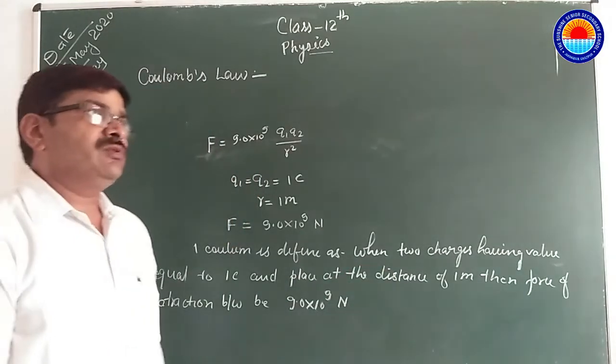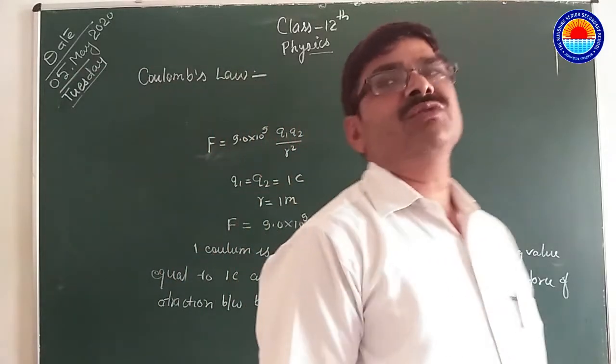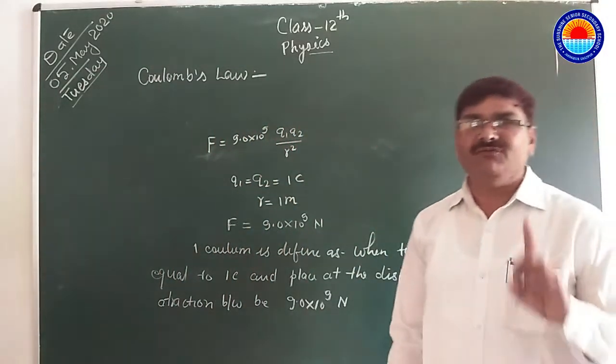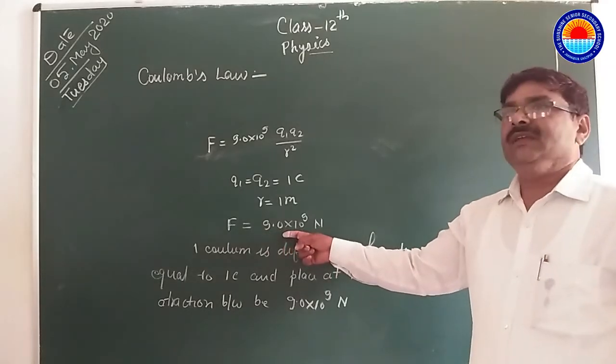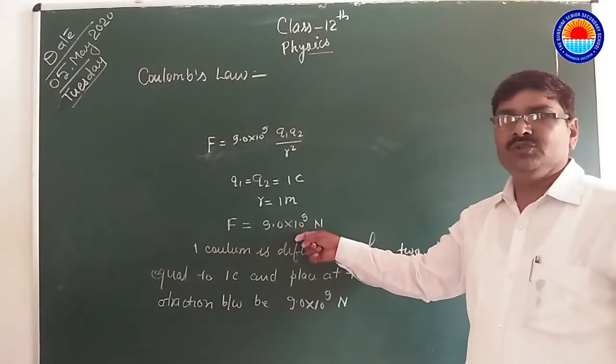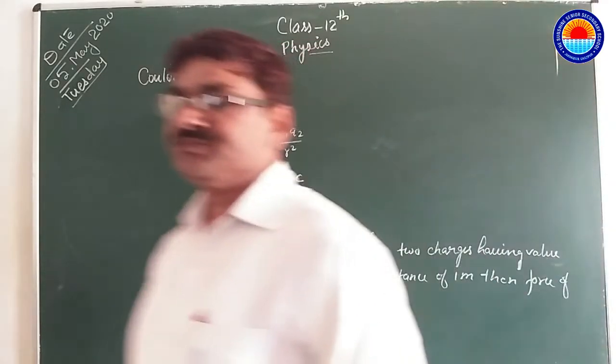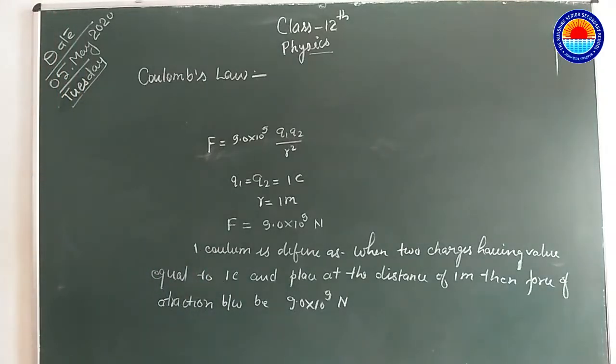That means 1 Coulomb is defined as when two unit charges are placed at a distance of 1 meter, then the force between them is 9.0 into 10 to the power 9 Newton. This is the definition of 1 Coulomb.